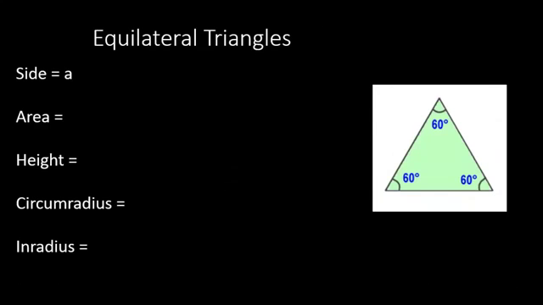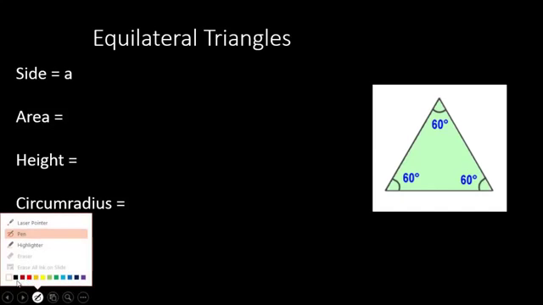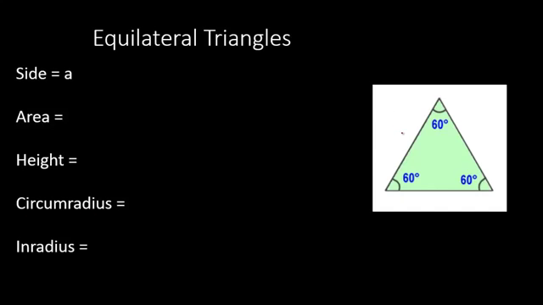Alright, one of my favorite triangles, which is the equilateral triangle. So let's go ahead and try to find some relationships, to make your life a little bit easier, because mostly equilateral triangles are the triangles which are tested. As I said, in an equilateral triangle, all 3 sides are equal and all 3 angles are equal.